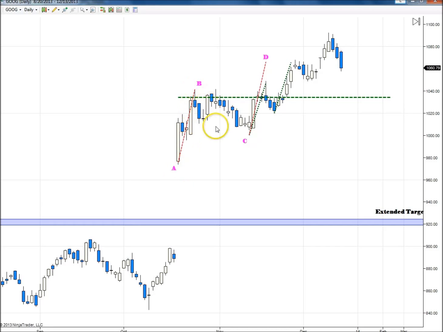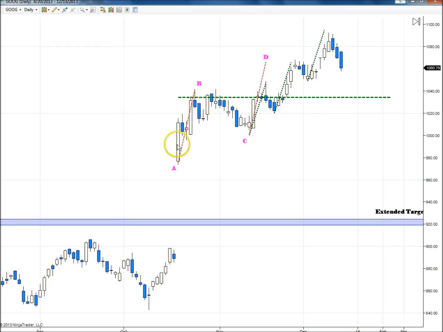We have a large AB equals CD harmonic pattern, and we see here also the smaller one, the green dotted line, AB equals CD pattern, which has now become 3 drives, which is actually an ABCD with the third leg equals to each one of the previous 2 legs.